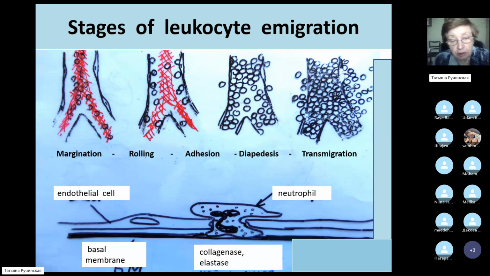This is the second picture. Next will be rolling. Next, adhesion, then diapedesis, when the leukocyte comes through the gap between endothelial cells, and then transmigration, when the leukocyte comes to the region where the chemoattractant concentration is highest.